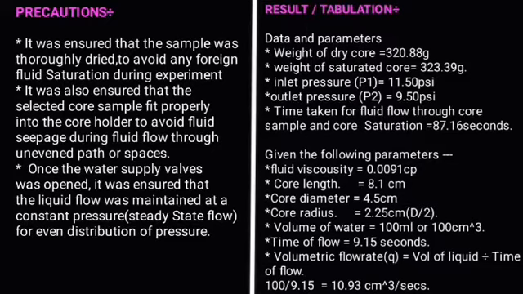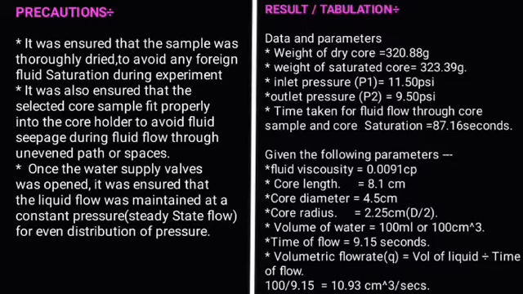Now, given the following parameters, these parameters have already been given in the video. The fluid viscosity is 0.0091 cp. Core length is 8.1 cm. Core diameter is 4.5 cm. Core radius is 2.25 cm, the diameter divided by 2.